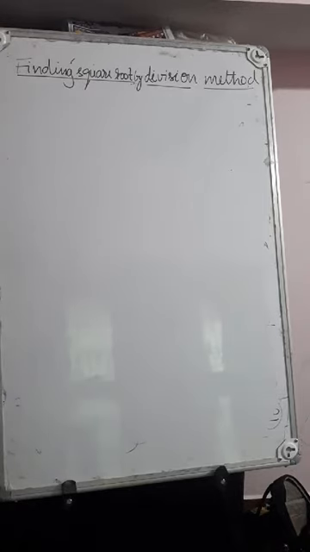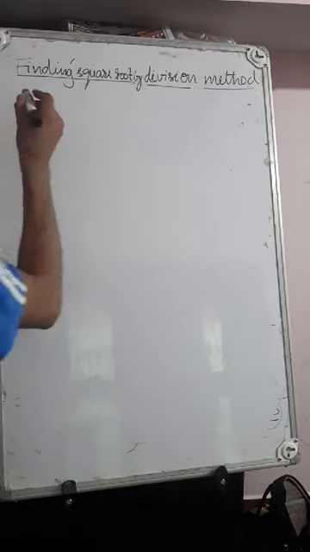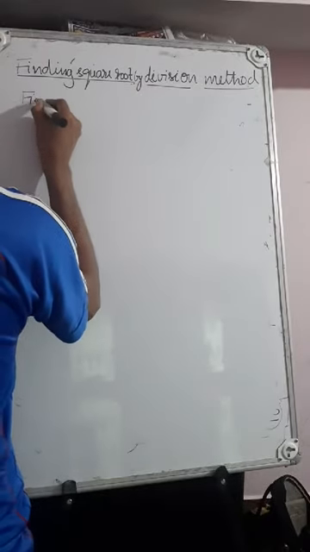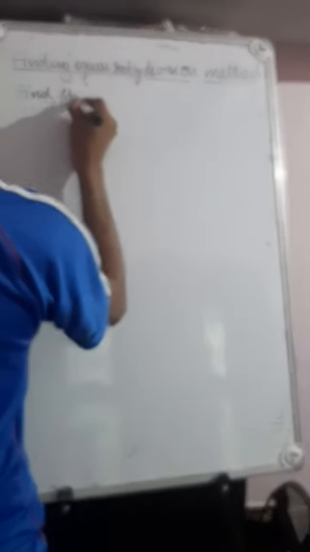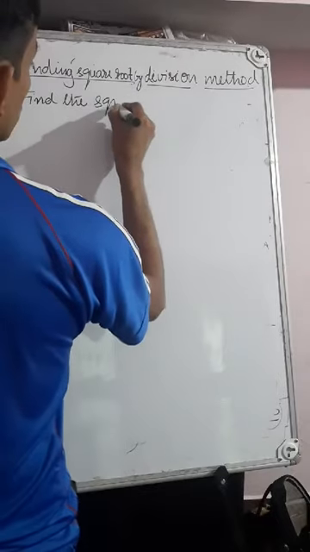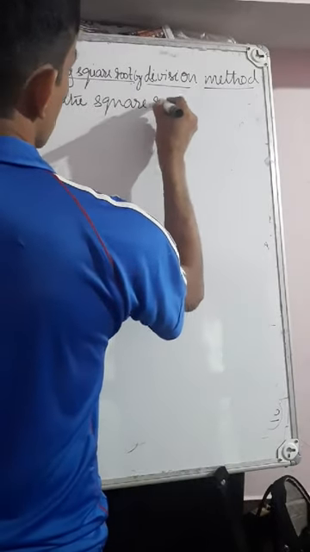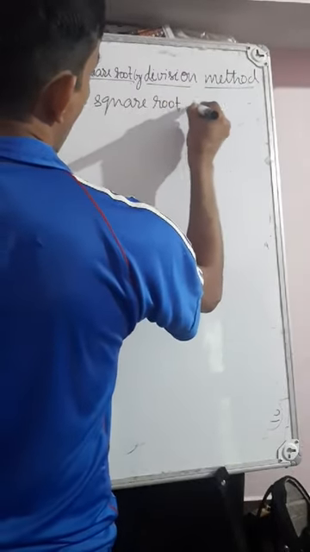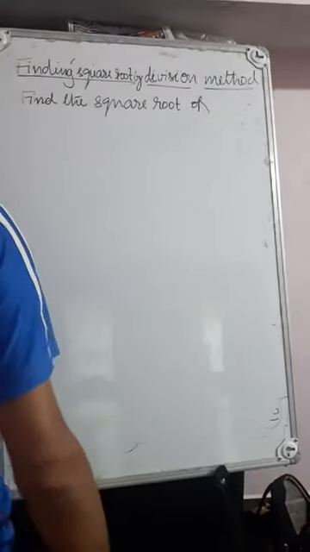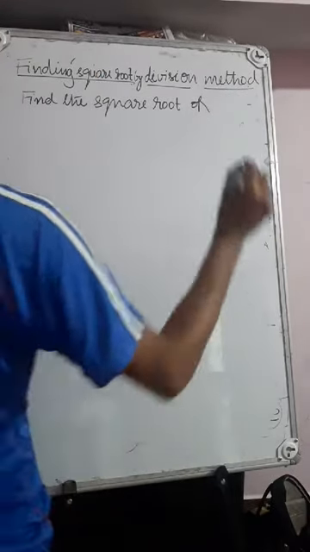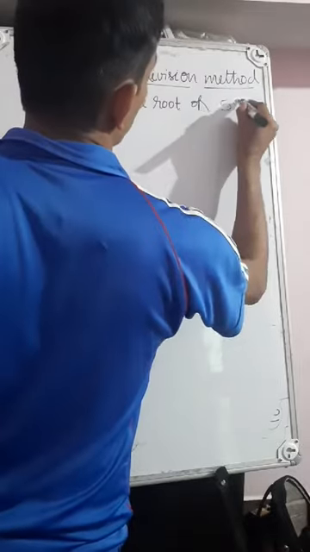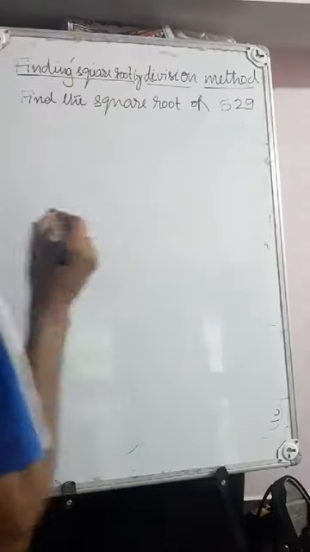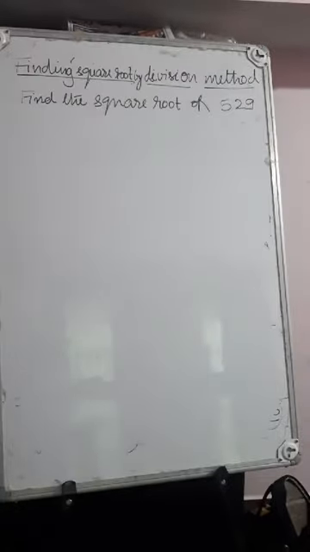A number will be given, and you need to find its square root. Say 529. So using the division method you are going to find the square root.